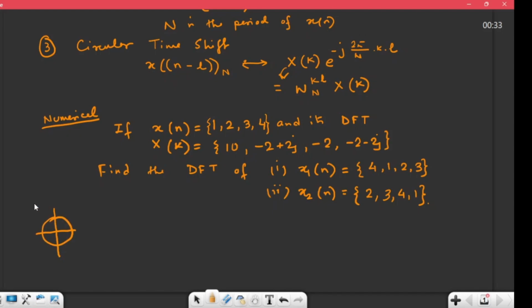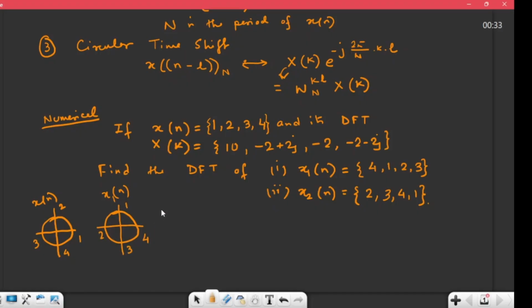If I arrange x(n) in a circle, 1, 2, 3, 4, then x1(n) is 4, 1, 2, 3.